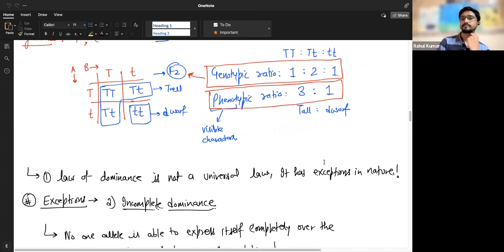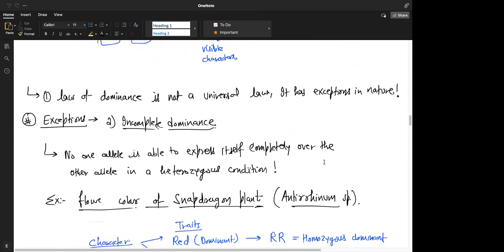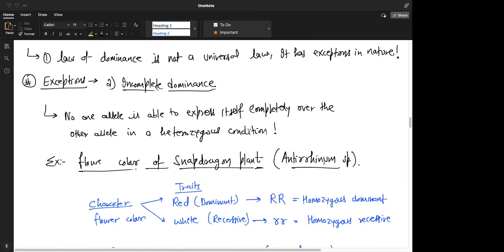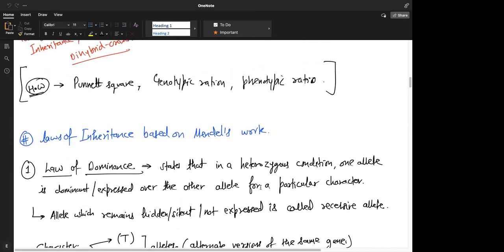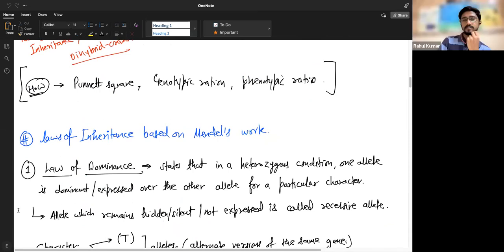Then we did the first law given by Mendel, that is the law of dominance. It states that when 2 alternative forms of a trait or character, we can say genes or alleles, are present in an organism, only one factor expresses itself in the F1 progeny. So this we have already done.